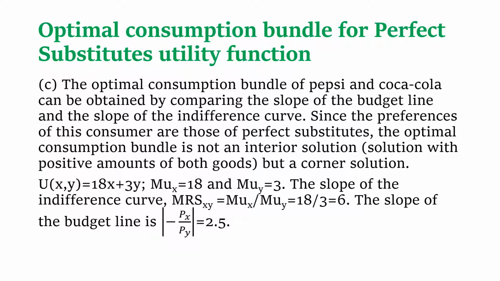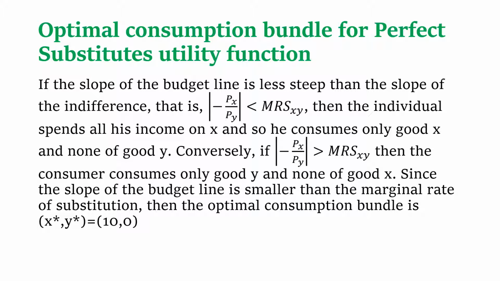So now let's look at the slope of the indifference curve. The slope of the indifference curve was MUX over MUY, which was 18 over 3, which is 6, right?